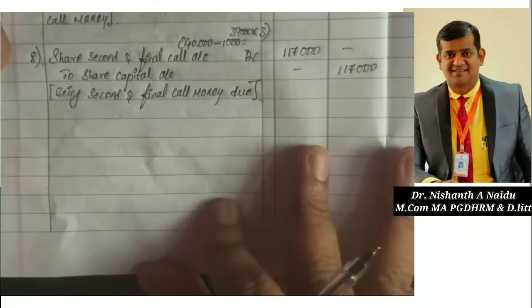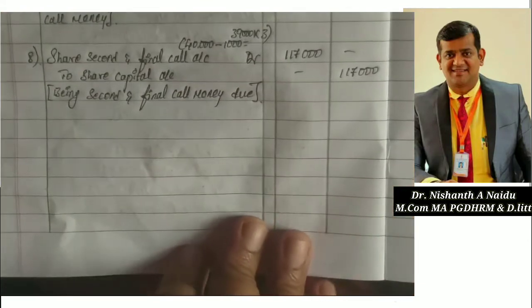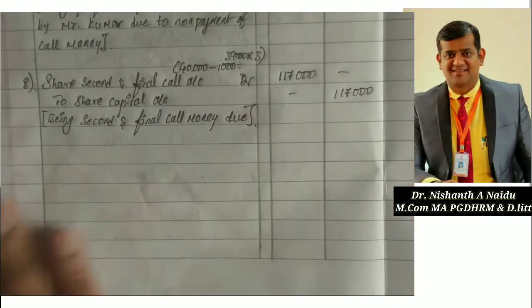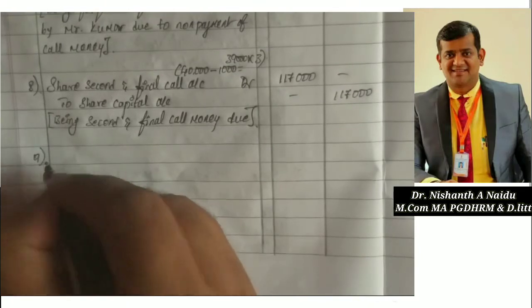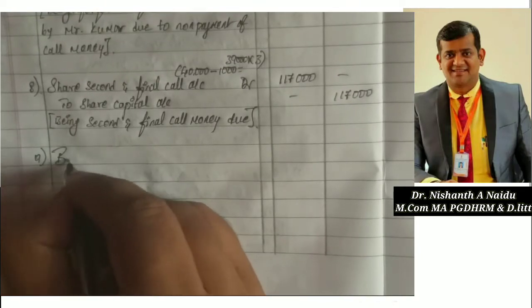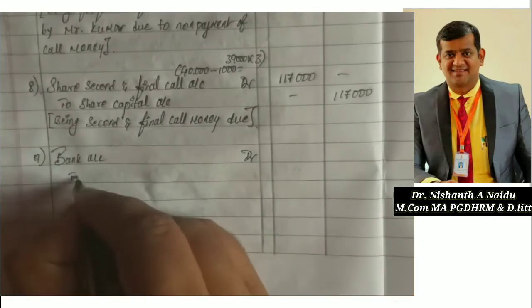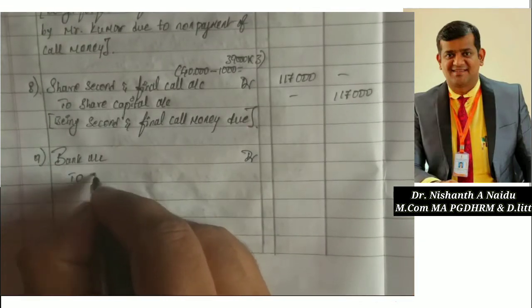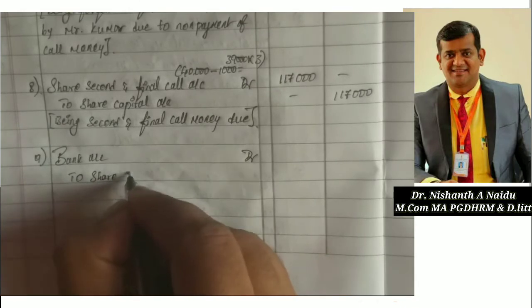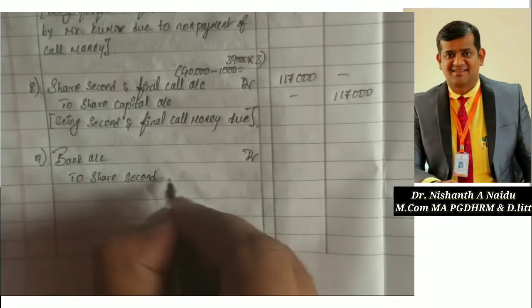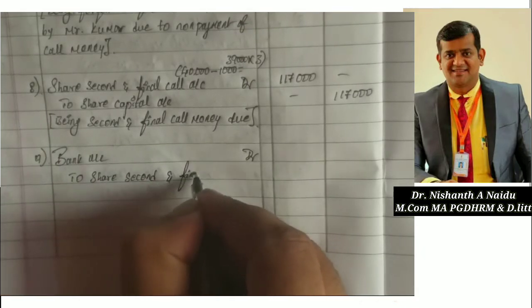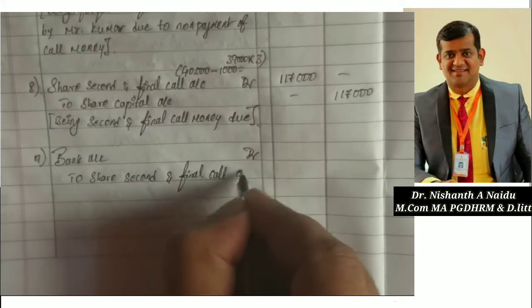Okay, now we are supposed to pass the receive entry, so that is going to be the 9th entry. So write bank account debtor to share second and final call account.